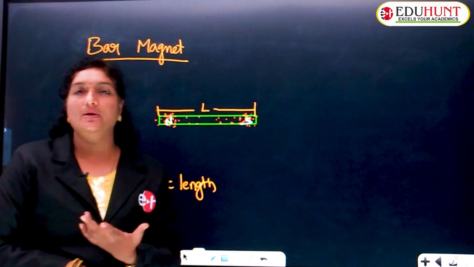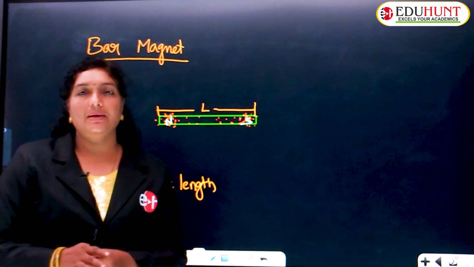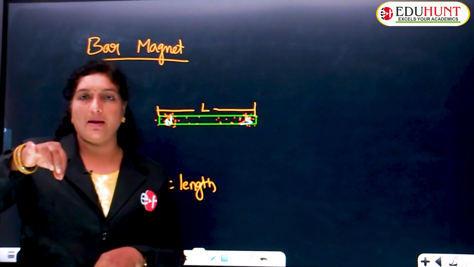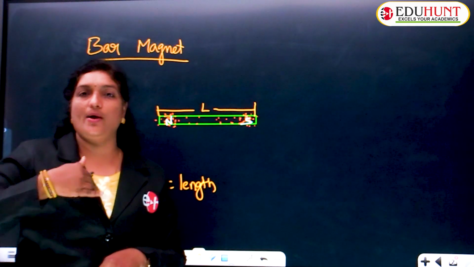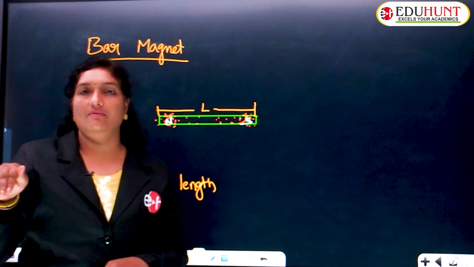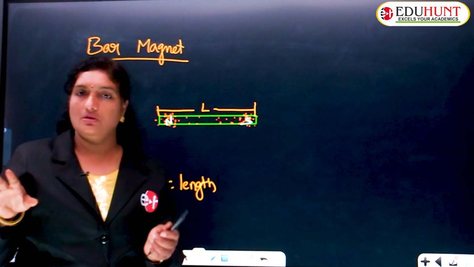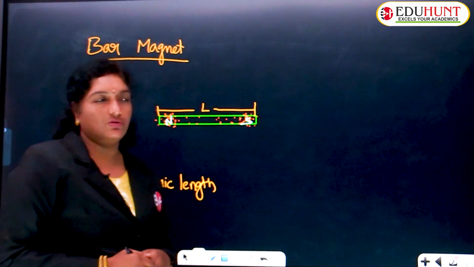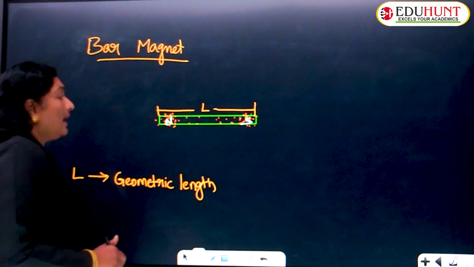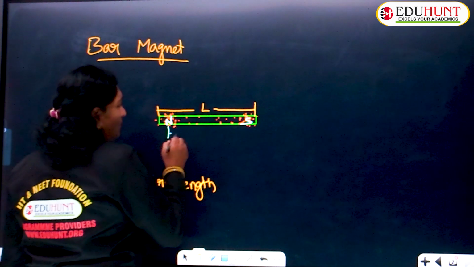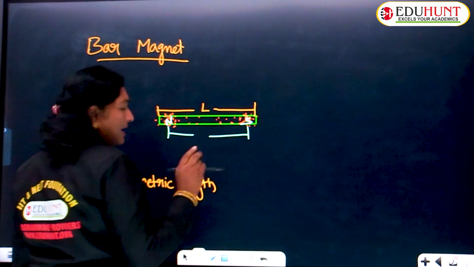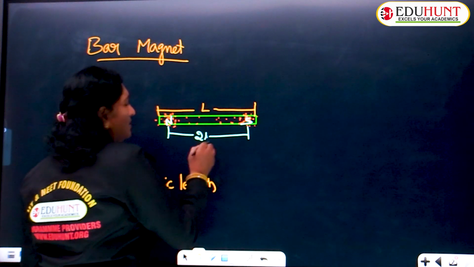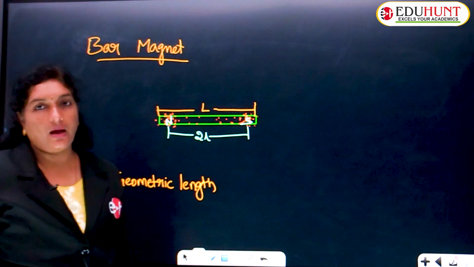So how are this north pole and south pole named? First of all, you have to suspend a freely suspended bar magnet. You have to consider it always points towards the north-south direction of the earth, and hence the name was given as north pole and south pole. And from the north pole to the south pole, some length you can measure, and that particular length is called the effective length of the bar magnet.